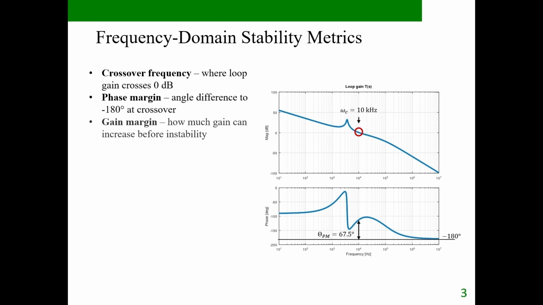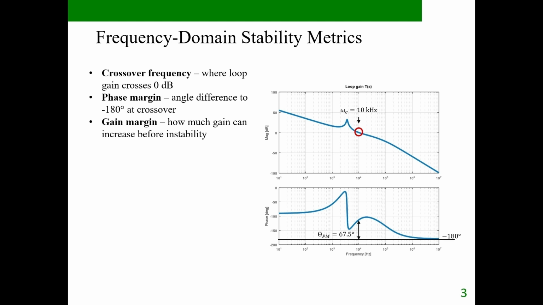The gain margin tells us how much plant gain could increase before the converter becomes unstable. In practice, gain margin is less important than phase margin for everyday design, but it still gives us insight into robustness. If the phase never reaches minus 180 degrees at any frequency, the gain margin is considered infinite, which is the case for our buck converter loop gain example.